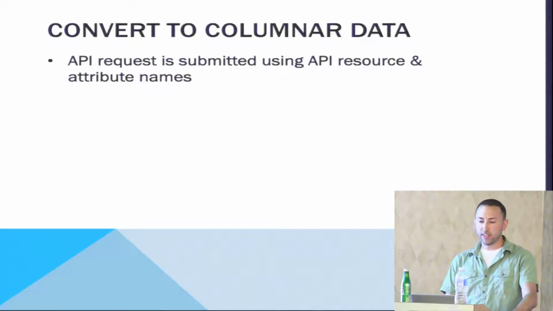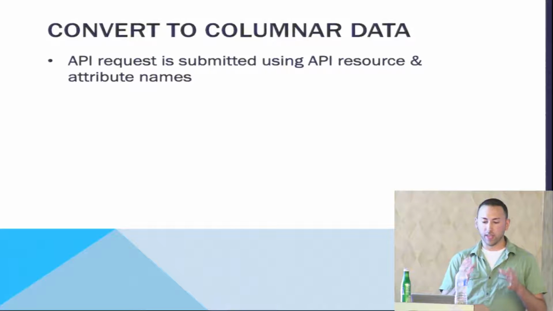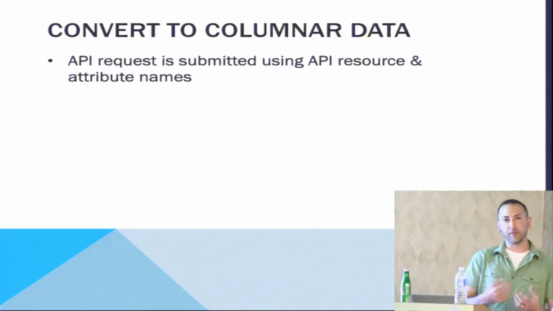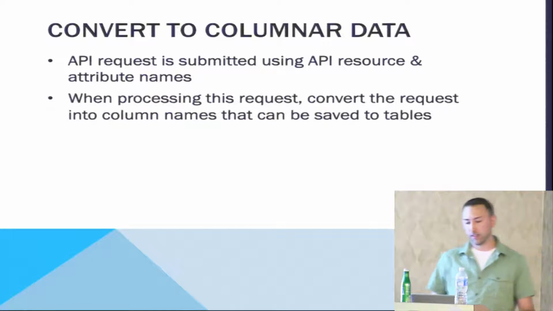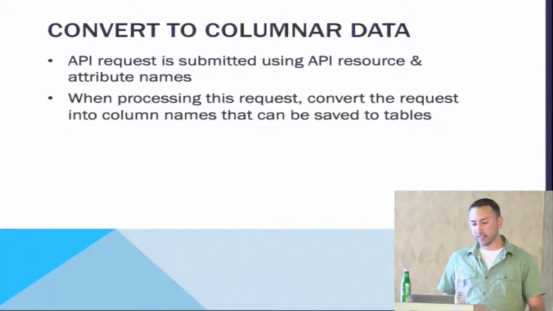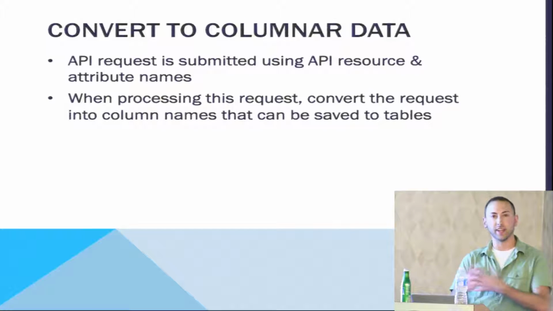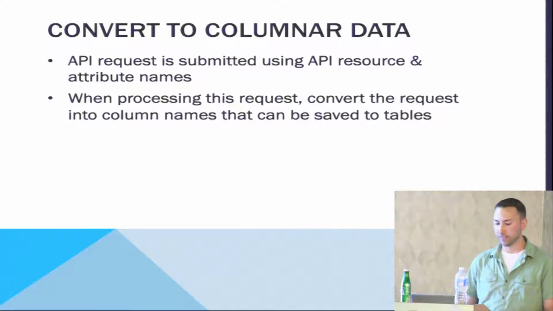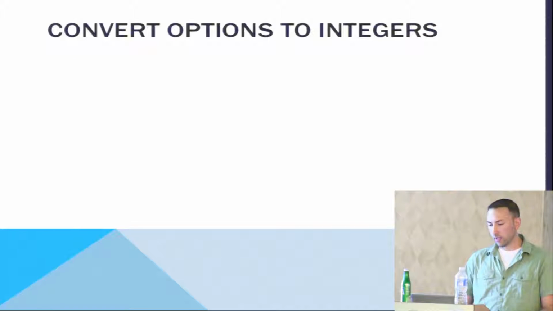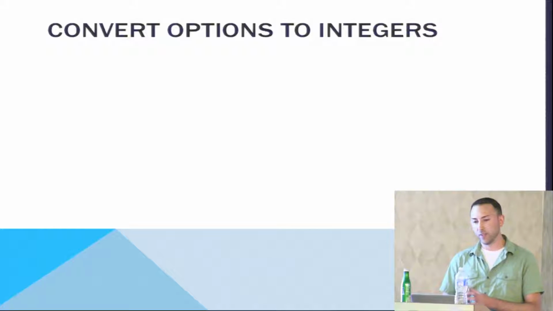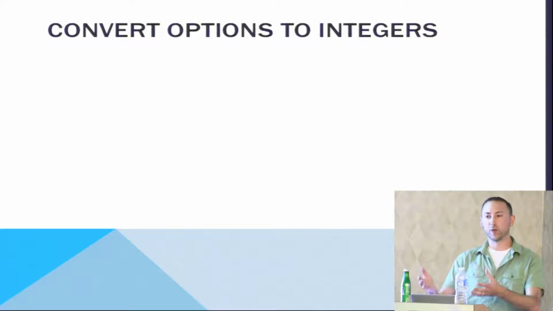So the first thing that the input data component does is it translates API attributes that are coming in to field names that it should actually save on the back end. And when processing the request, it converts that information into something the tables can understand and accept as inserts or updates. Converting options to integers is also something we found really needed to be done once you exposed an API.